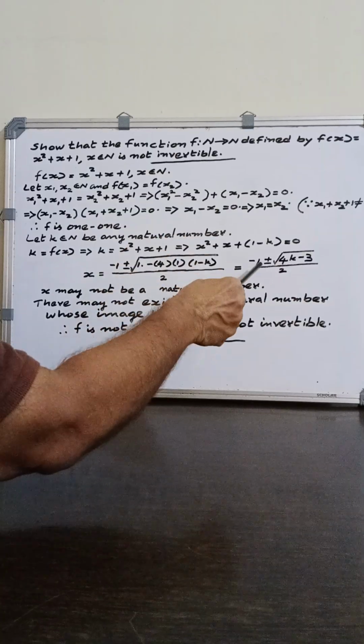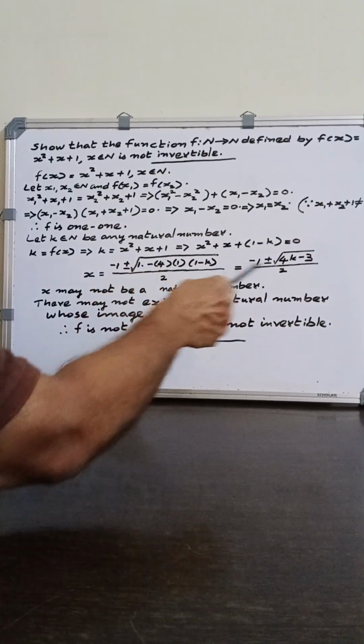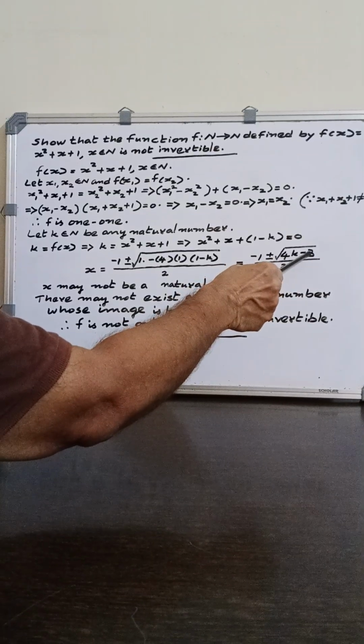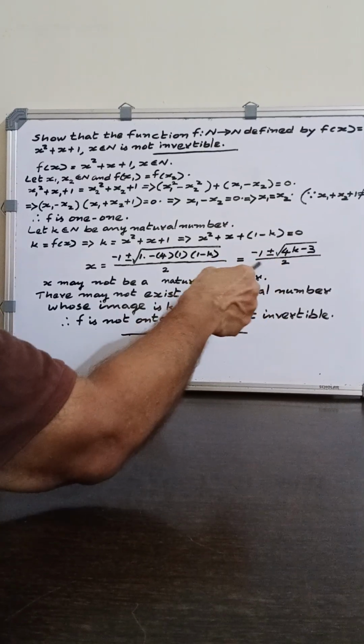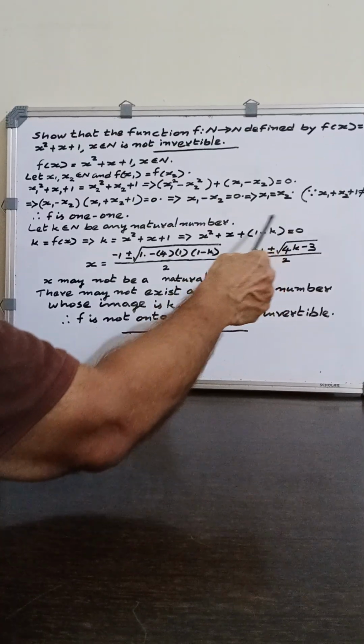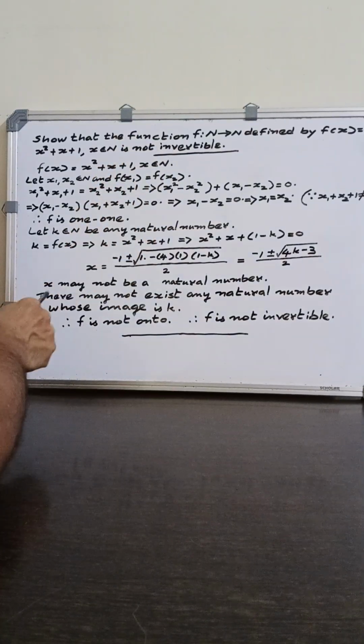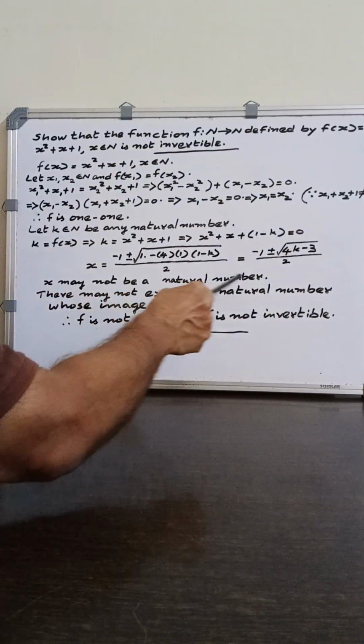Simplifying, x equals minus 1 plus or minus root of (4k minus 3), whole by 2. But this is not a rational number, not a natural number especially. Therefore, x may not be a natural number.